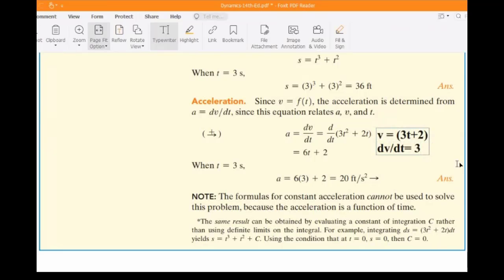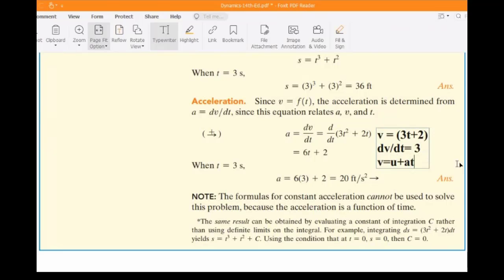Yes, sir. So at that time the acceleration is constant. If you find that, you can say that okay, we could use the equation v equals u plus at, and so on.